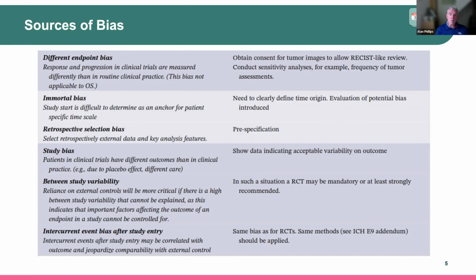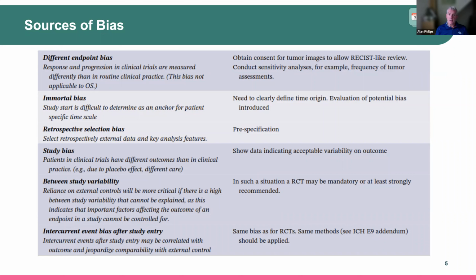There are two others. One, variability between studies. You don't always get consistent treatment effects. So you can introduce bias by selecting potentially the studies that showed the worst outcome, which maximizes your treatment to be best. And there's something called intercurrent events, which I talked about last time, which is estimands. How they're handled within clinical trials can be very different than in real world data.